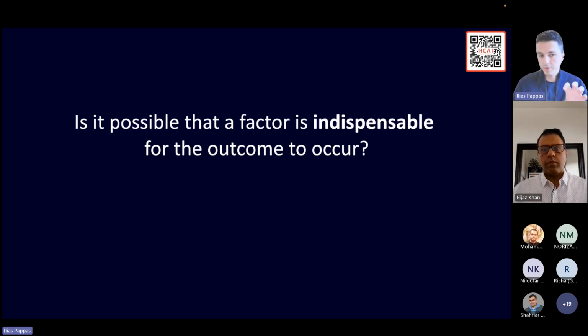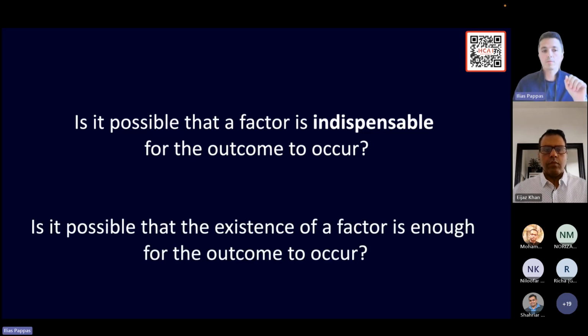If this factor is necessary to be there, and if I have it, does it mean that the outcome will always be there? Is it possible that the presence of a factor is enough for the outcome to occur? Questions that go quite beyond the most important factors.